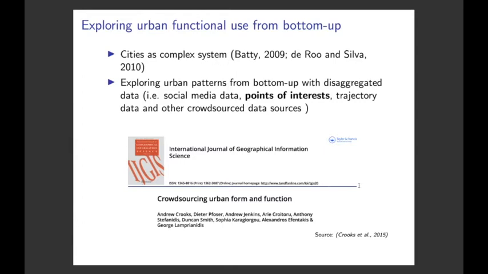Because of the emergence of big data, new types of data, especially disaggregated data that we can collect from social media, point of interest and trajectory data, people can explore urban patterns from the bottom up.